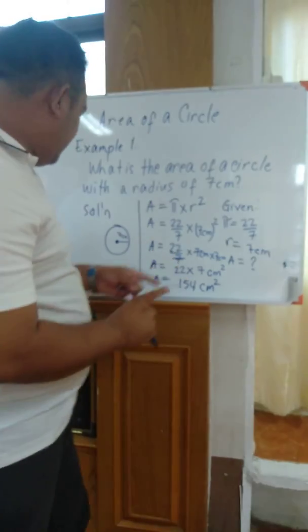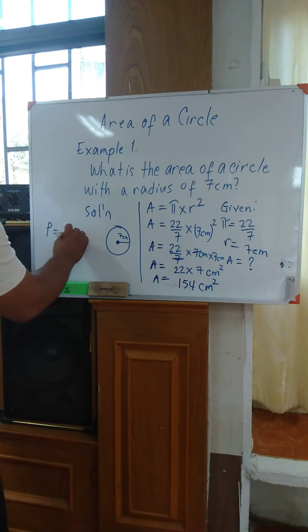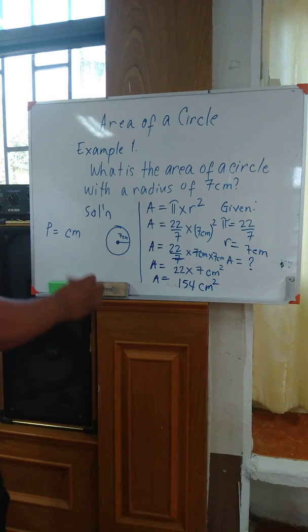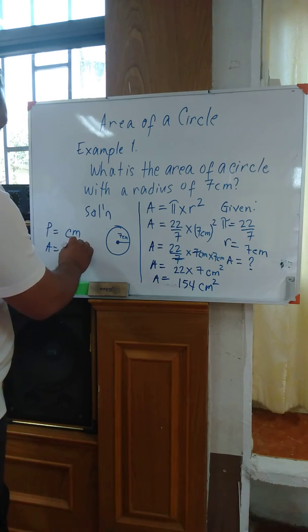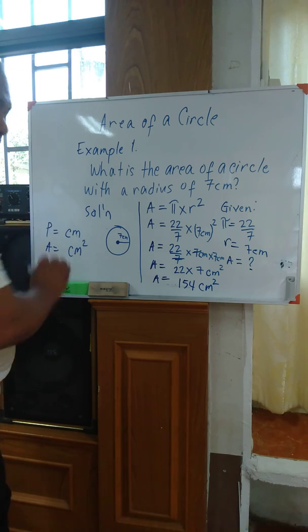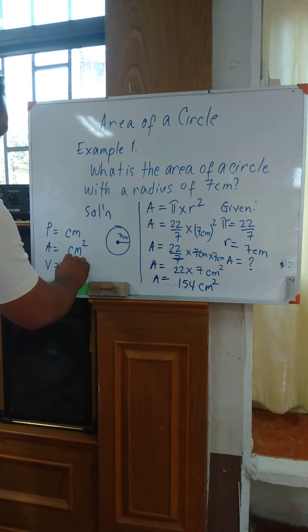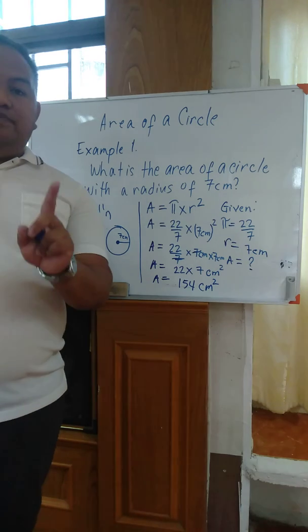So if it is centimeter, it is centimeter only. But when we are asked to find the area, it should be centimeter square, like this. And if we are asked to find the volume, it should be centimeter cube, or you can say cubic centimeter.